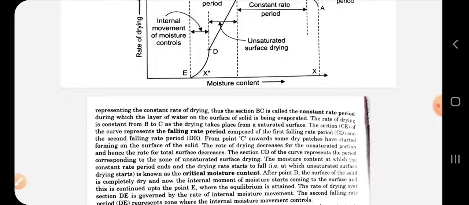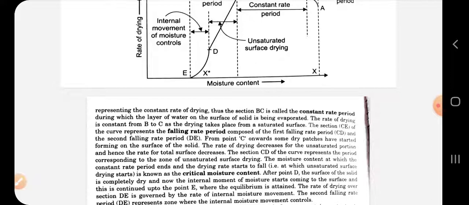From point C onwards, some dry patches have started forming on the surface of the solid. The rate of drying decreases for the unsaturated portion. Section CD represents the period corresponding to the zone of unsaturated drying. The moisture content at which the constant rate period ends and the falling rate starts is the critical moisture content.